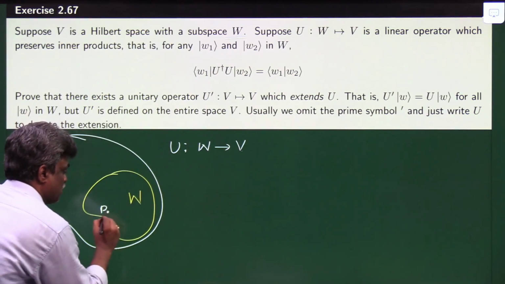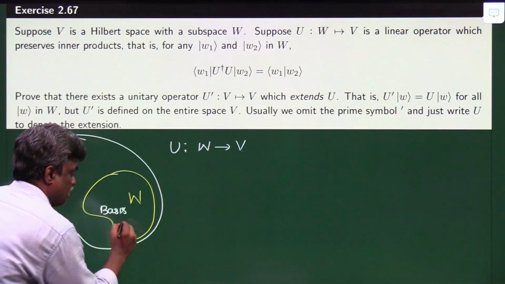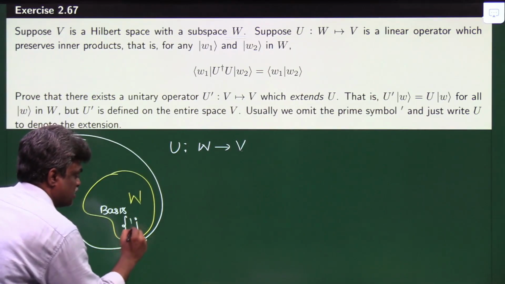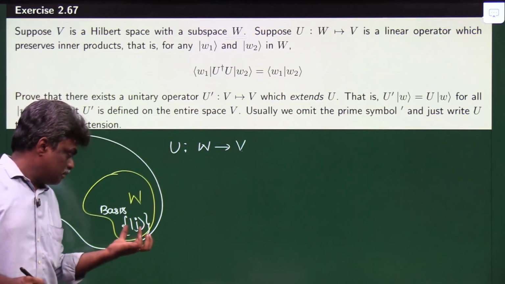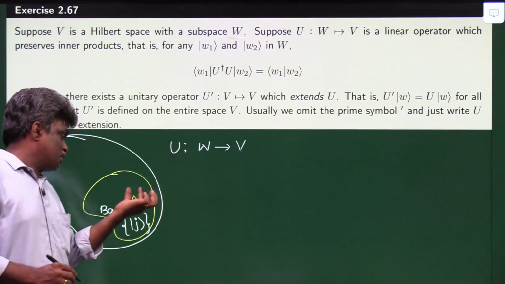Let us suppose the basis states. I'm assuming the basis states as J. So remember, J are the basis states. This J is nothing but the basis states of W.